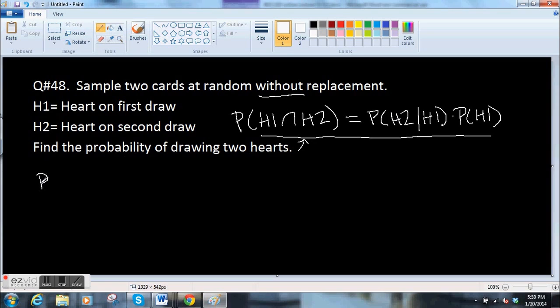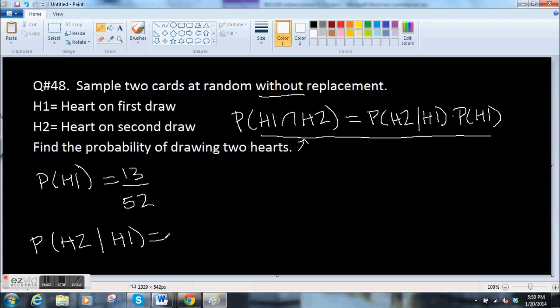So now, what's the probability that we get a heart on the first draw? Well, there's 13 hearts and a total of 52 cards. Whew, that one was easy. What's the probability that we get a heart on the second draw, given that we got a heart on the first draw?